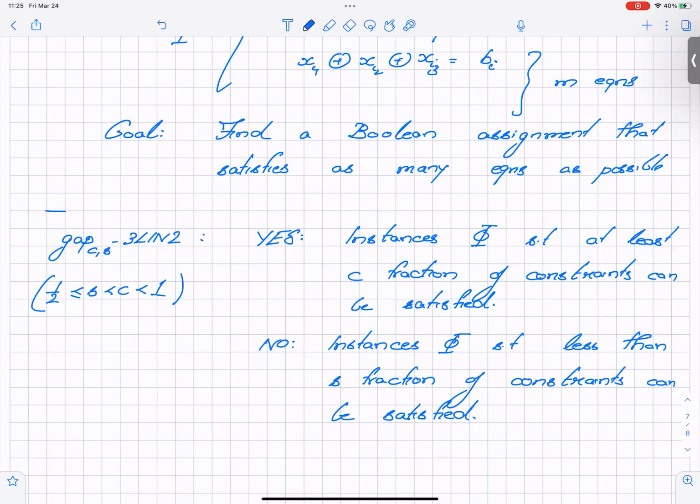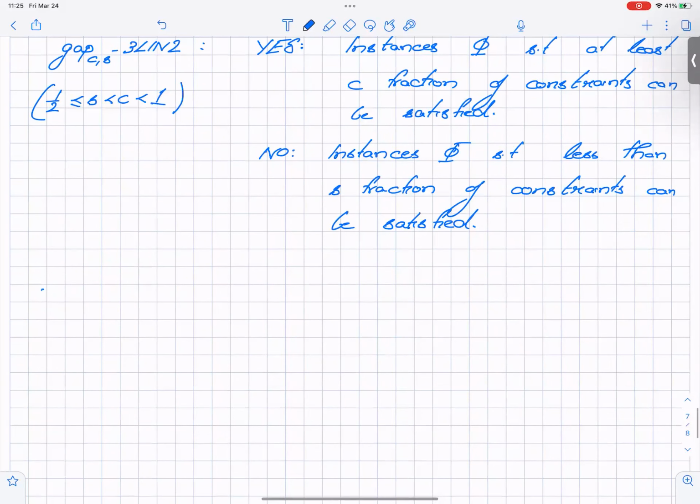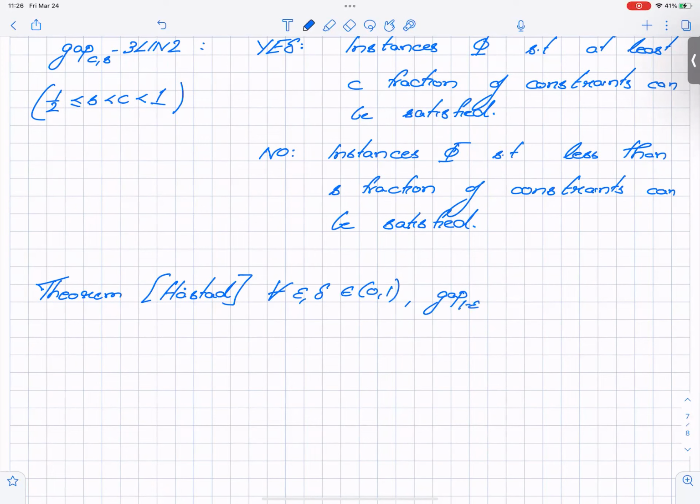And the theorem is one of the several optimal results of Håstad, where he shows basically that's the best you can do. For all constants epsilon and delta in (0,1), gap (1 minus epsilon, half plus delta) Max-3-Lin-2 is NP-hard.